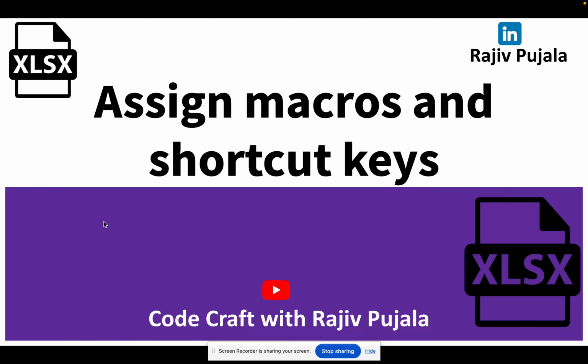I don't think that it has the capability of going and clicking on the macro button. So instead, by using the shortcut keys, it goes into the Excel, presses the keys, and the macro runs instantly. Let's see how we can do this.